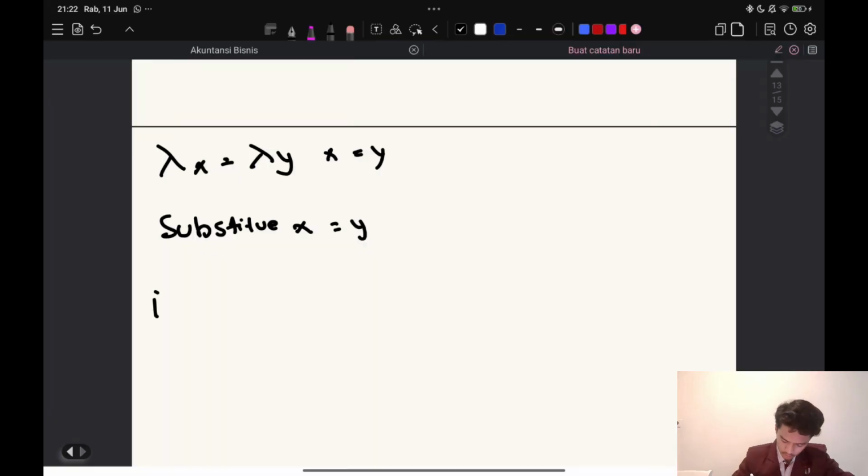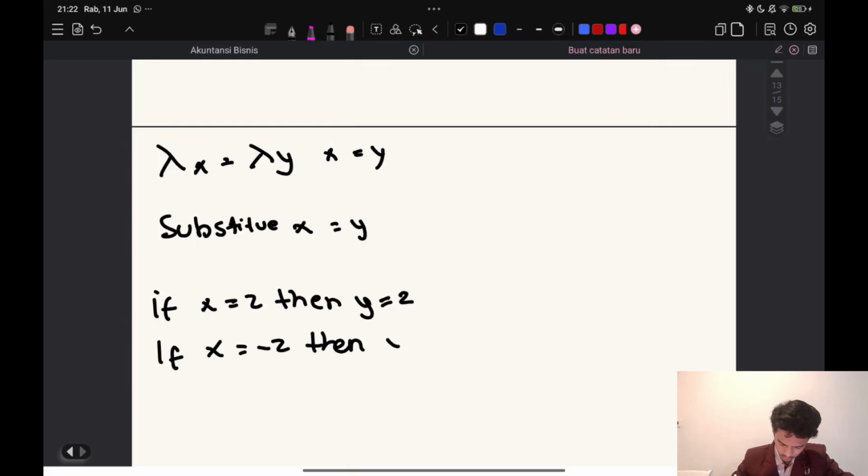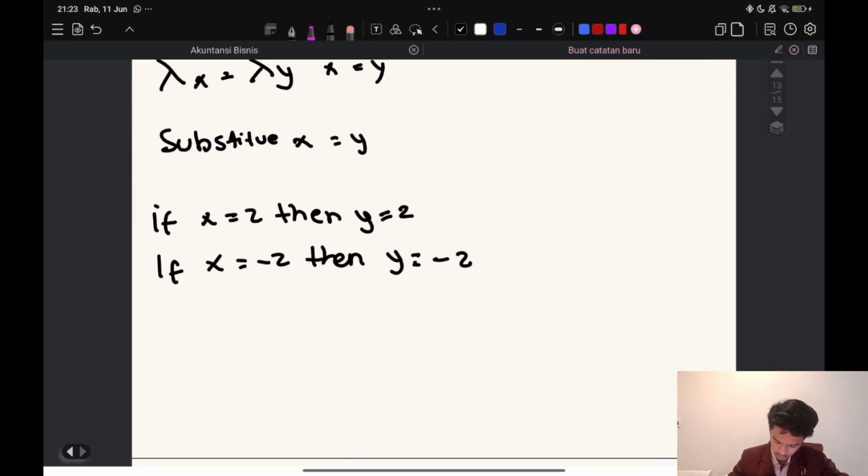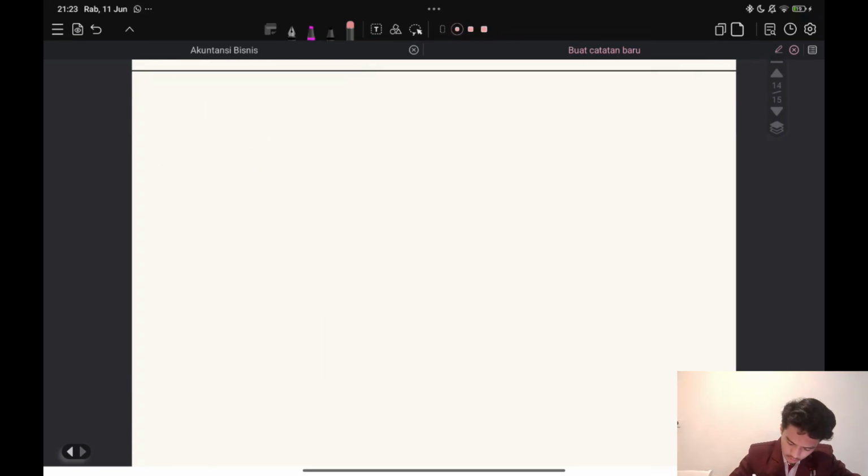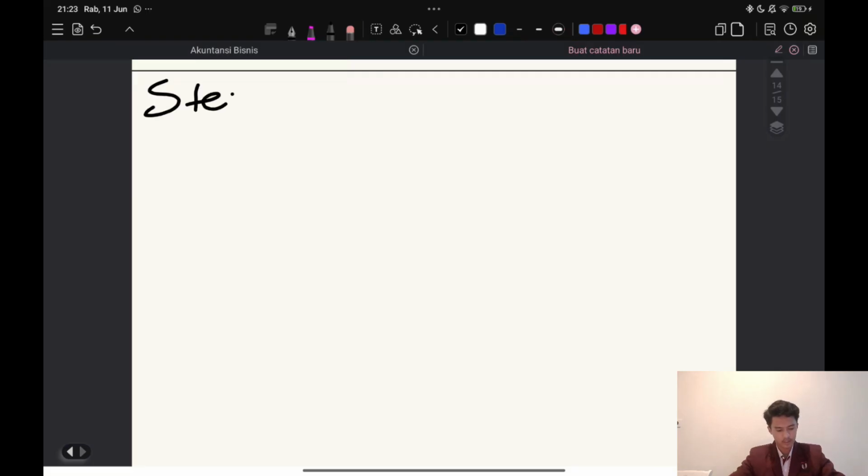So if x = 2, then y = 2, and if x = -2, wait, sorry, then y = -2. Step 3, we evaluate the objective function.